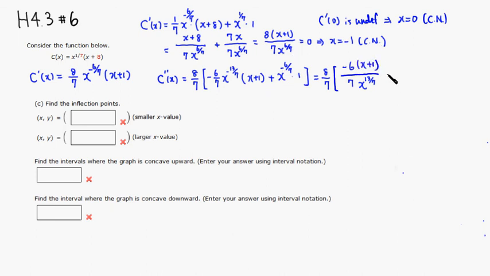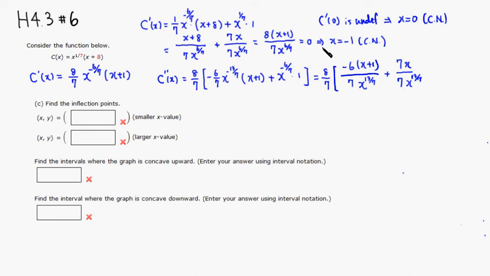Then here, taking a common denominator, we multiply top and bottom by 7x to the 13/7, and if you do that, you're just going to get 7x, because 13/7 minus 6/7 is 7/7. So we get that.